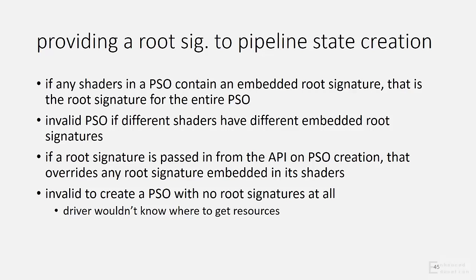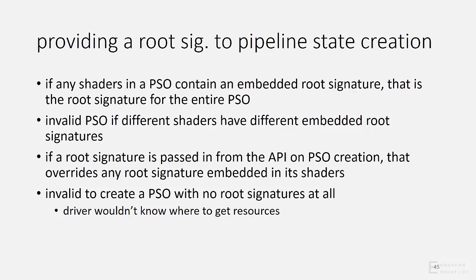There's another option for providing a root signature, and that's an explicit root signature parameter as part of the PSO creation struct, separate from the shaders. And that's an optional parameter. If a standalone root signature is passed into PSO creation, then that overrides any root signatures that may have been embedded in the shaders that are part of the PSO.